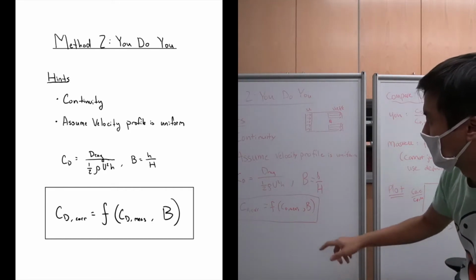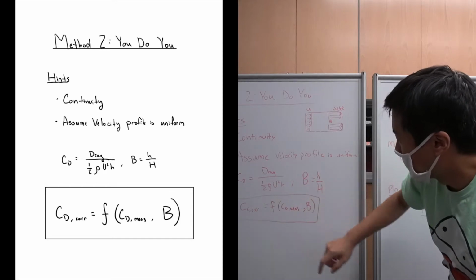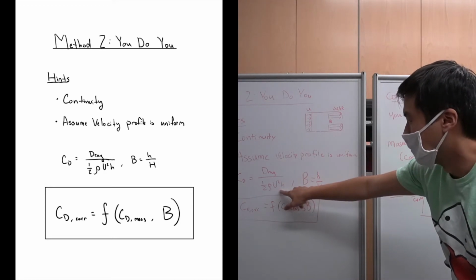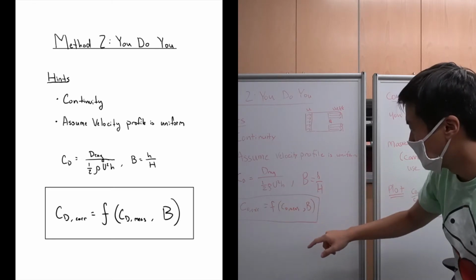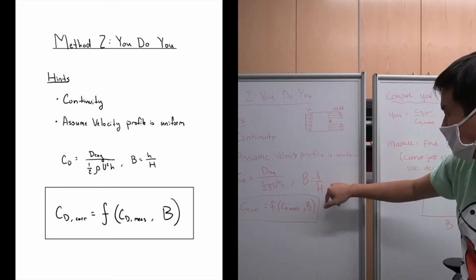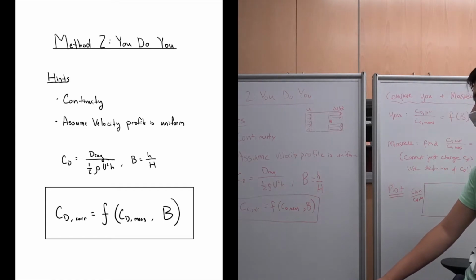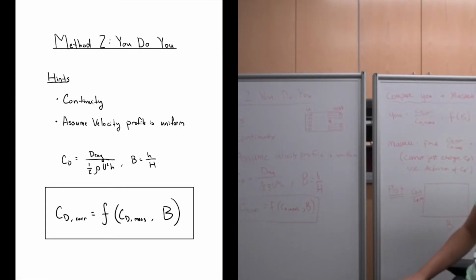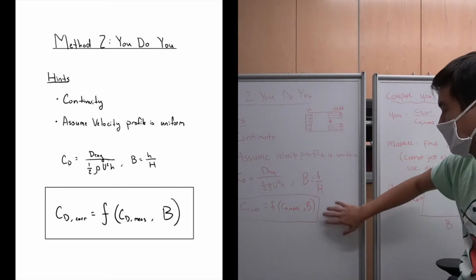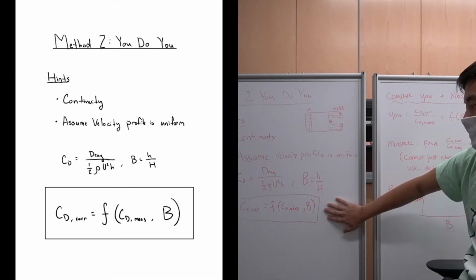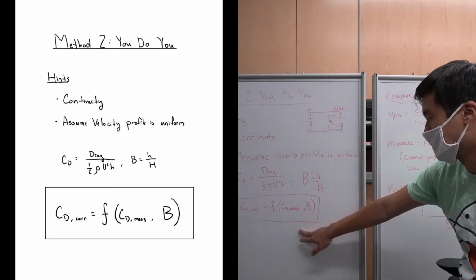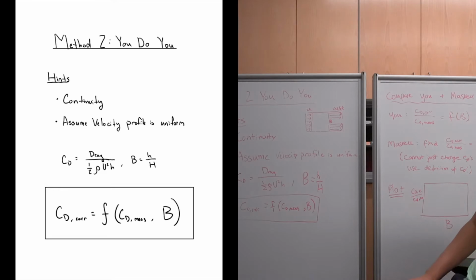Then, knowing that the drag coefficient equation is drag divided by 1/2 rho u squared h, and knowing that the blockage factor is little h over big H, with little h being the height of the cylinder and big H being the height of the test section, you should be able to derive an equation for CD corrected, which is just a function of the CD measured and our blockage factor.